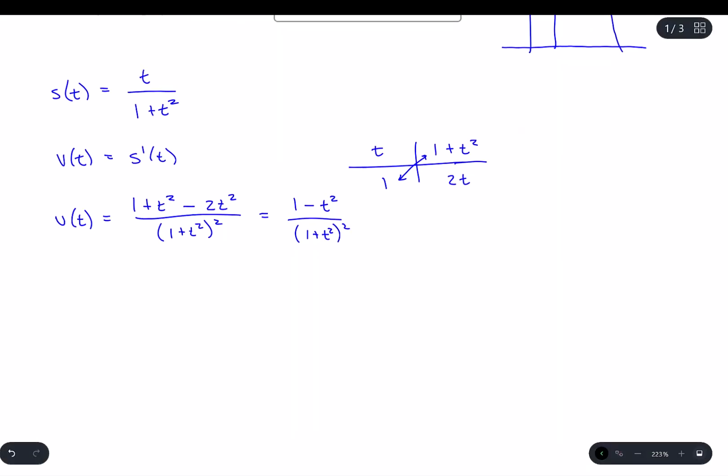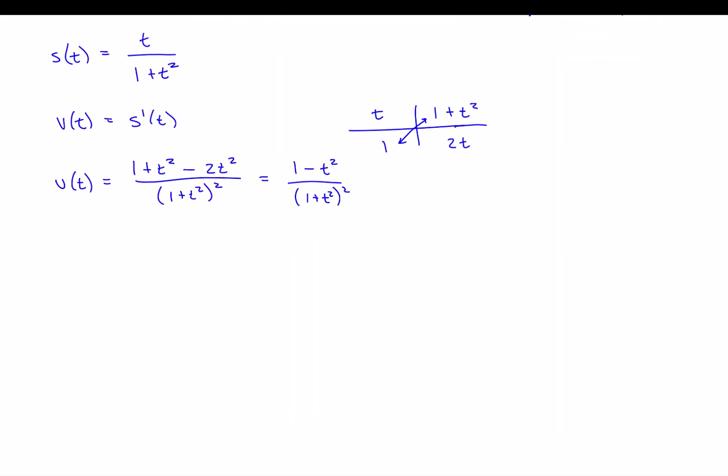Okay, so then the next thing that I need to do is find the acceleration function. So the acceleration function, as I mentioned, is the first derivative of velocity. Well, my velocity function is also a quotient, so I'll use my quotient rule again. So 1 minus t squared here, and the denominator 1 plus t squared, quantity squared here.